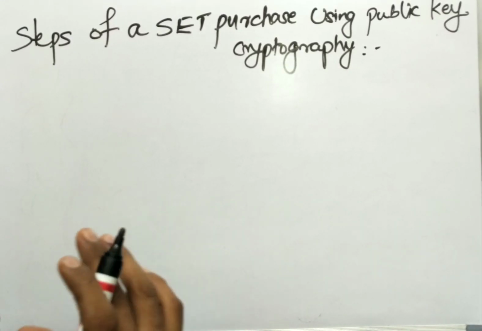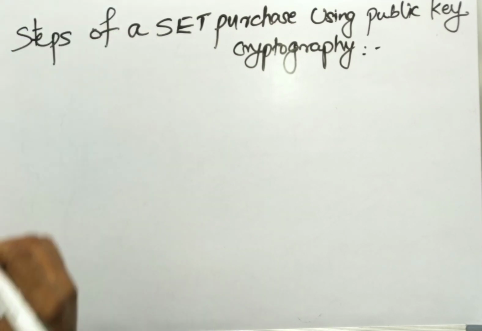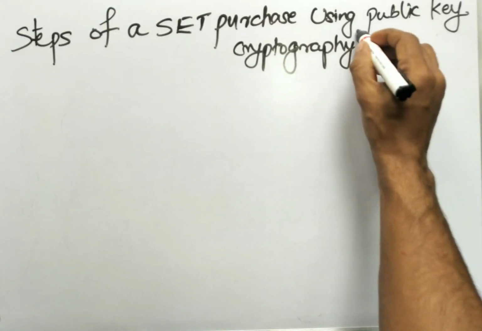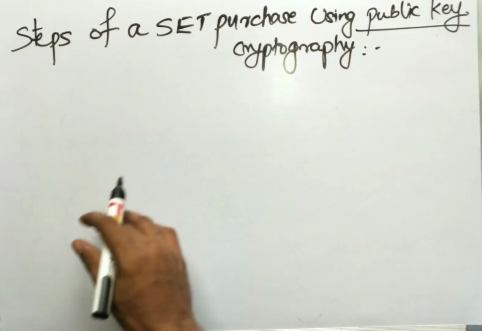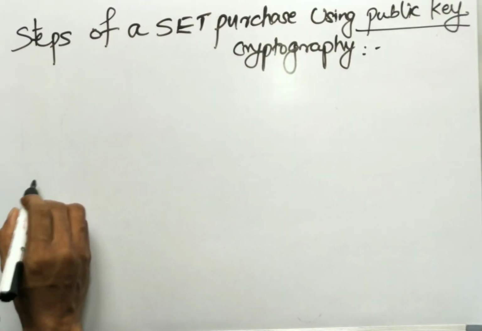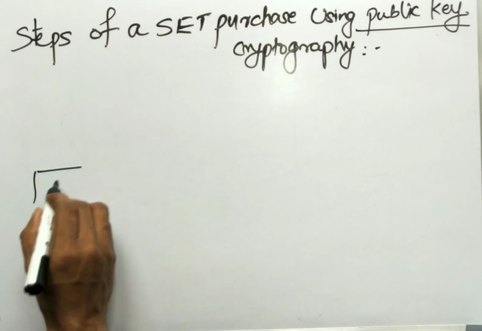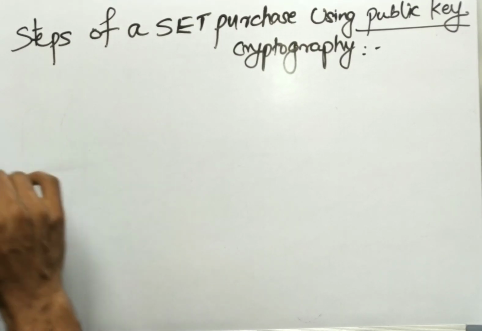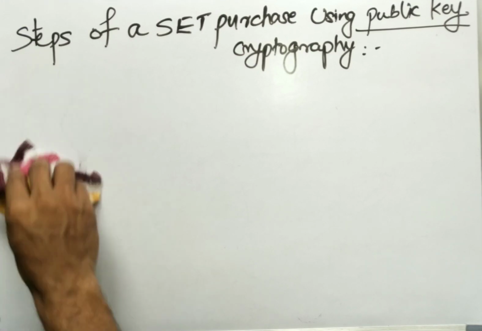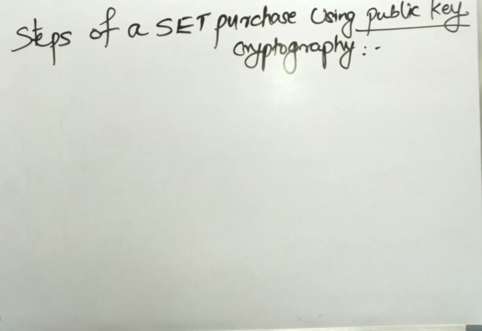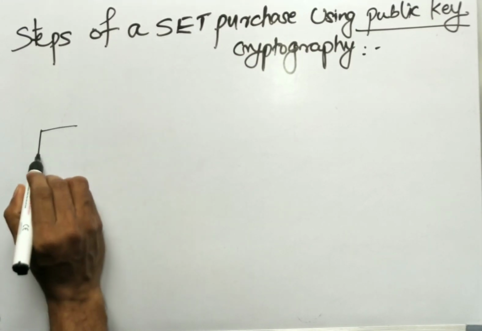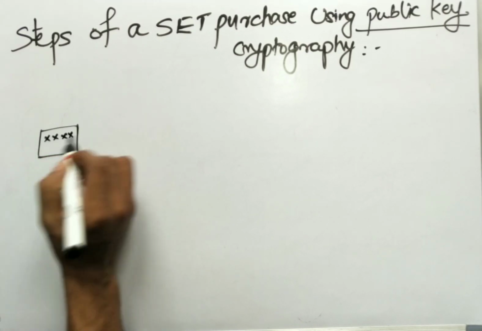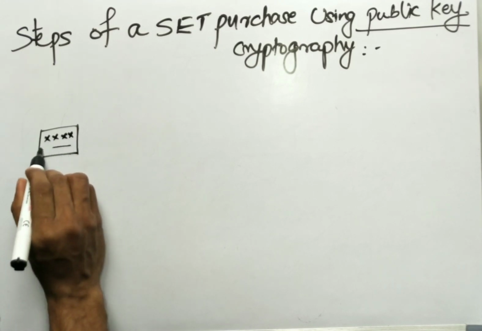Now we are going to discuss the steps of a secure electronic transaction purchase using public key cryptography. Suppose, let me make a clear picture. Suppose there is a card holder, by which I mean someone with a debit card or credit card.